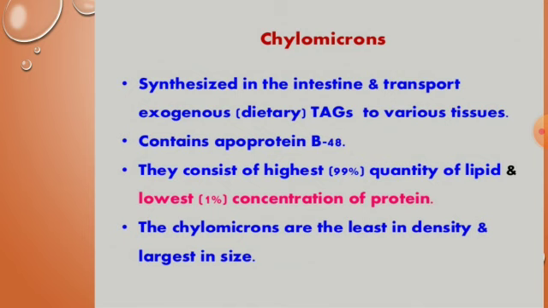They are synthesized in the intestine. They contain apoprotein B48 and consist of the highest quantity of lipid and lowest concentration of protein. That means chylomicrons contain 99% lipid and 1% protein. Chylomicrons are the least in density and largest in size.